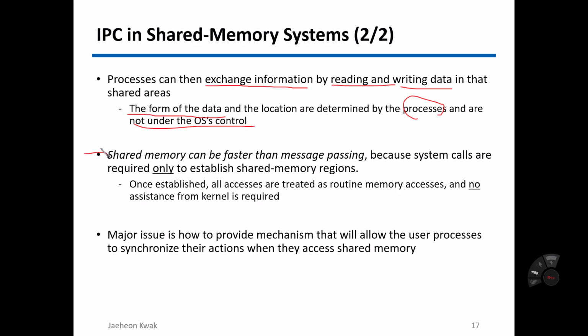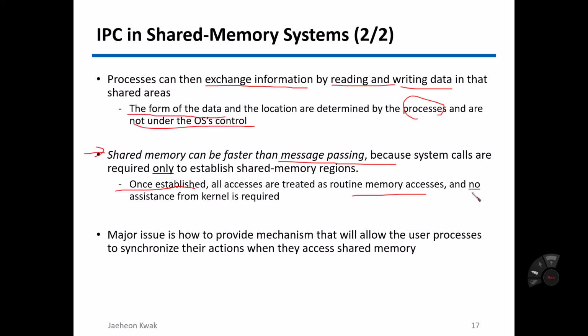So this shared memory approach can be faster than message passing because after the shared memory creation, we don't have to call system calls. So the kernel will not be invoked during shared memory use. Once established, our access will be treated as a routine memory access.